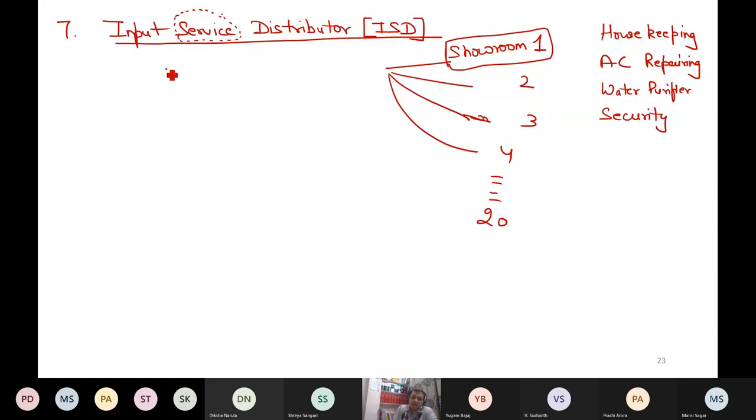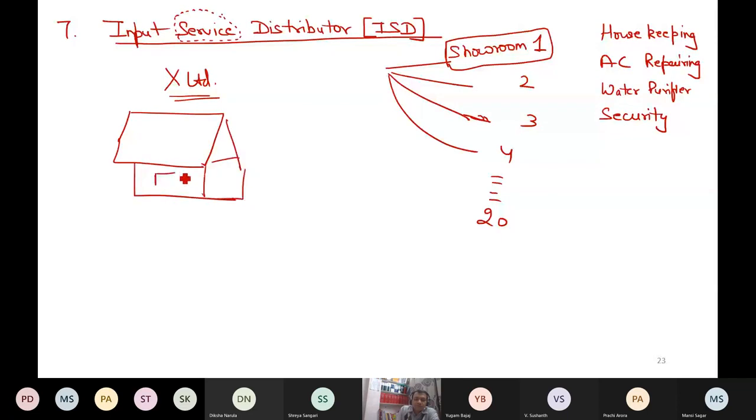Now a company, for example X Limited, will not allow every showroom to have its own different contracts with different service providers. What X Limited will do, and normally what these big companies do, they open an office and they call that office as what? The name of this office is input service distributor.